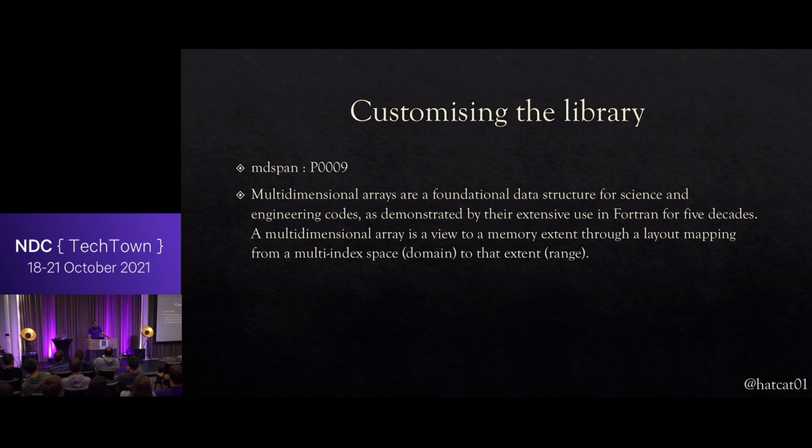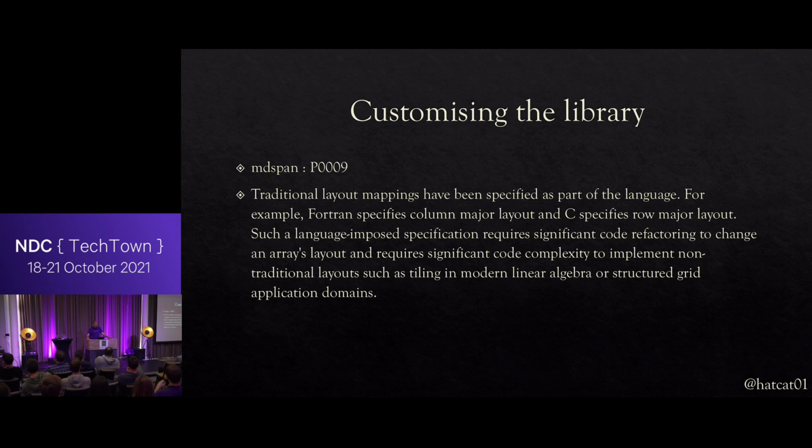So from the first revision: multi-dimensional arrays are a foundational data structure for science and engineering codes, as demonstrated by their extensive use in Fortran for 5 decades. A multi-dimensional array is a view to a memory extent through a layout mapping from a multi-index space, domain, to that extent, range. Traditional layout mappings have been specified as part of the language.